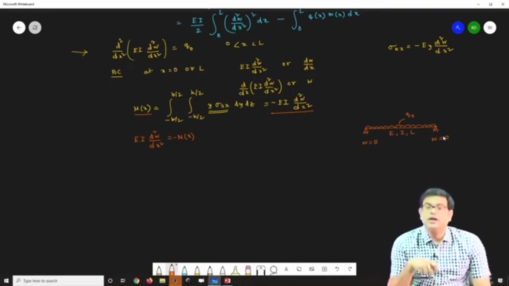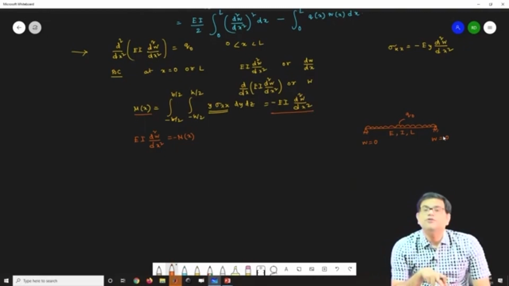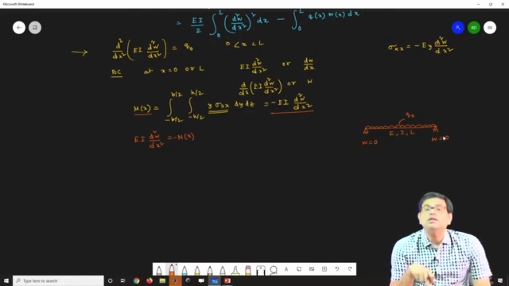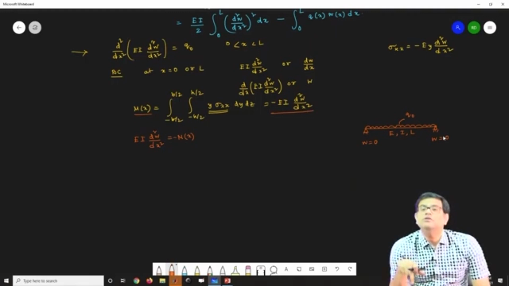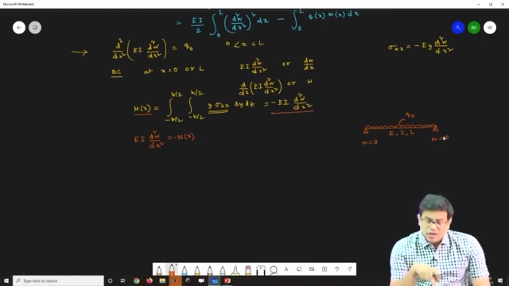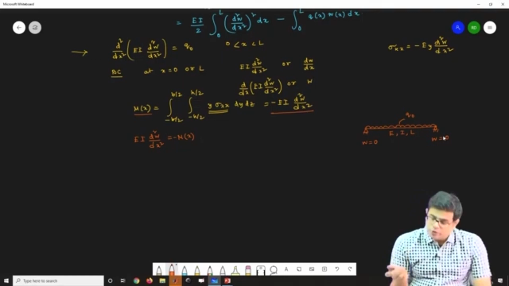This is a second order equation, so we need only two boundary conditions, contrary to the fourth order differential equation which involves the load. This doesn't involve the load, rather it involves the moment. If I know the moment expression of the beam, then I can use this. This is the first restriction, and naturally knowing a moment expression for a complicated structure is not possible.